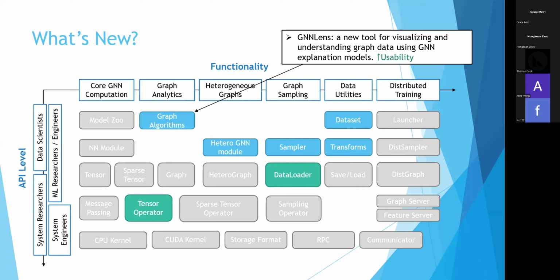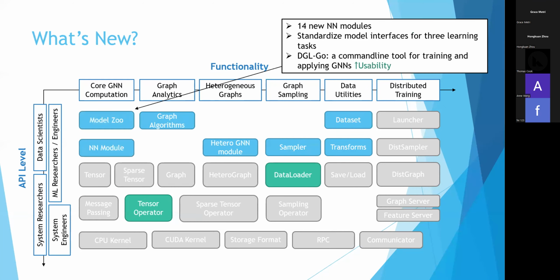And very importantly, we have updates on the core GNN computation APIs like model zoos and GNN modules. We added new GNN modules and a standard server model interface for different learning tasks. And we also delivered DGL Go, a command line tool for training and applying GNNs.